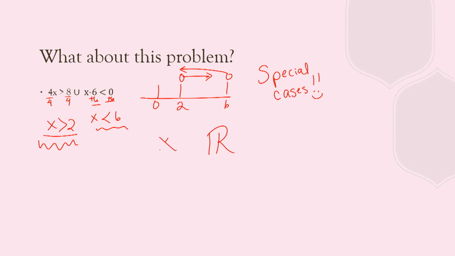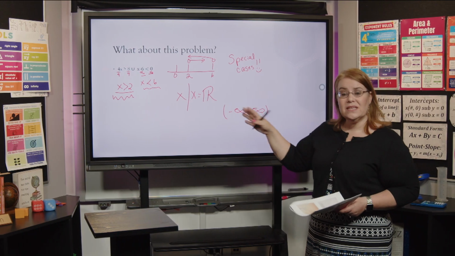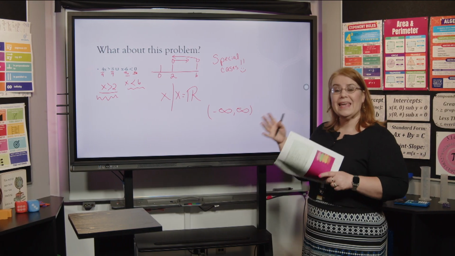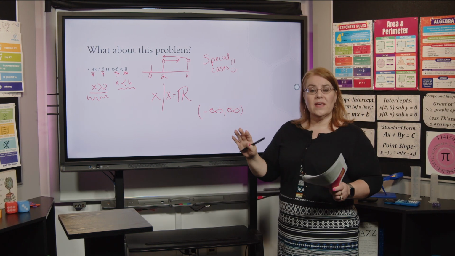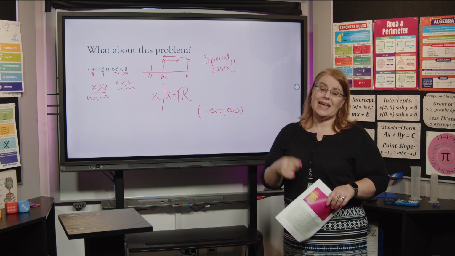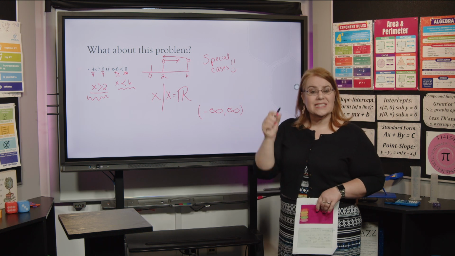So x's such that my x's equal all real numbers. And then I would put negative infinity to positive infinity. Because depending on which part of the inequality that you're looking at, depends on what it can or cannot be. So in one part or the other, it can be, with the other part saying it can't. So you have to make sure that you're watching for these special cases.